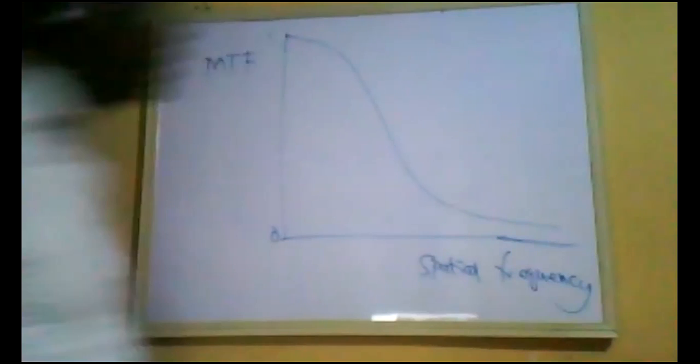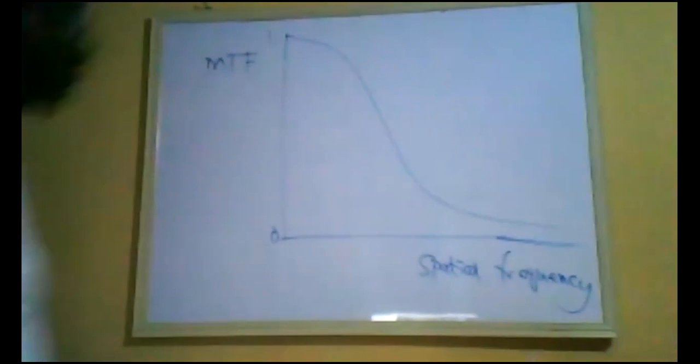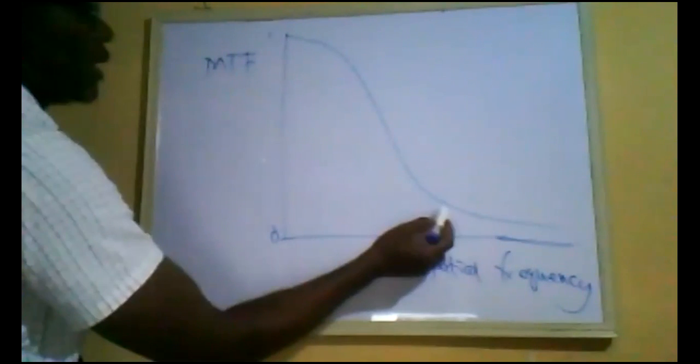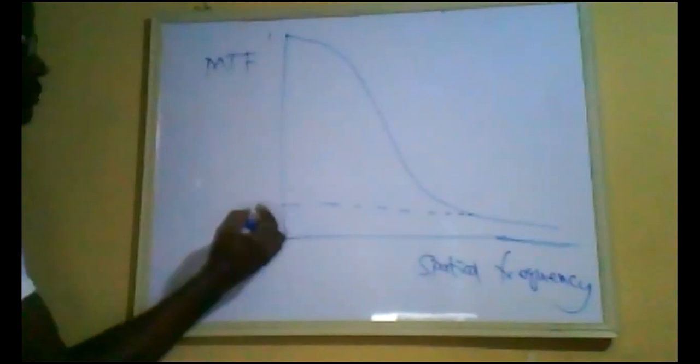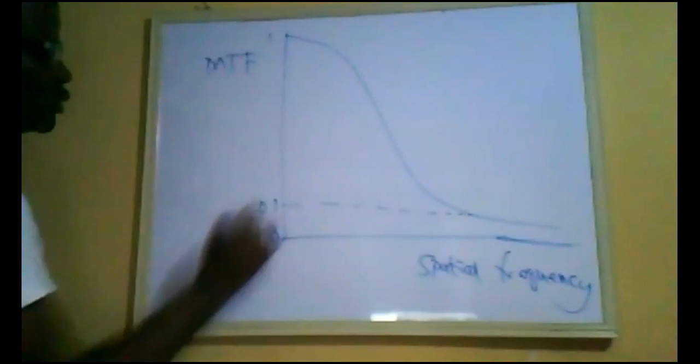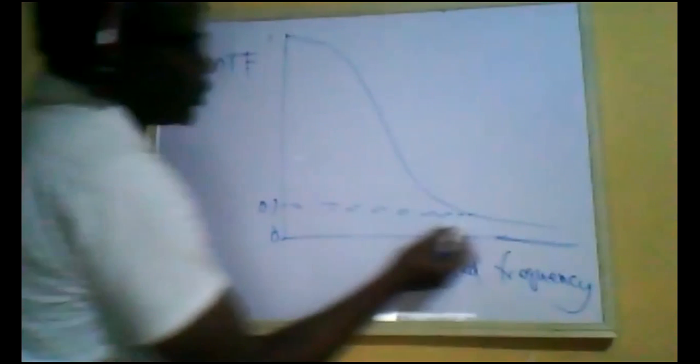So we go down until it hits the spatial frequency. For practical reasons, we look at a value of 0.1. We take 0.1 on this axis, and then go across to the curve and down.